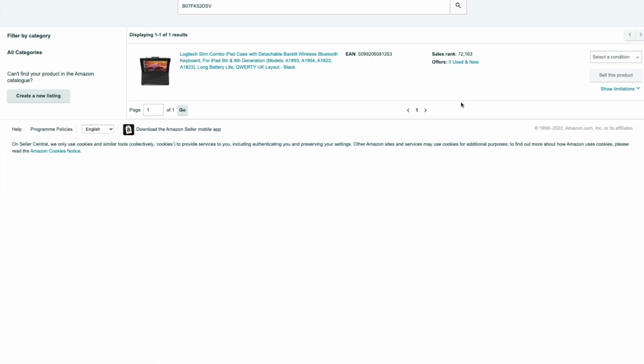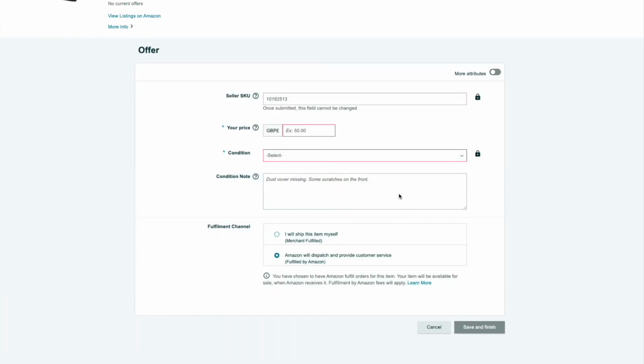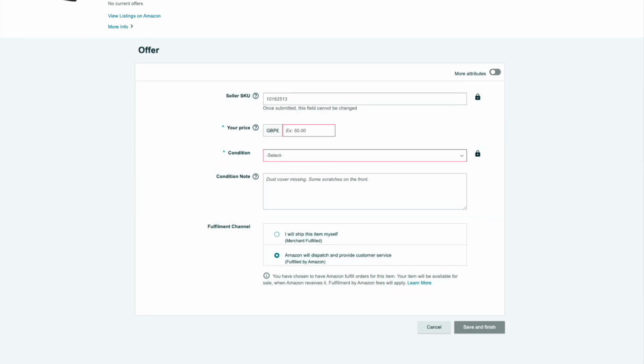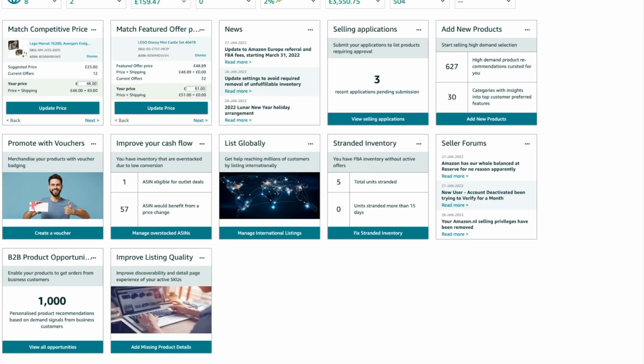Let's see what that comes up with. Okay, so this Logitech, let's say, select condition, new, sell this product, and then all you've got to do is fill in the information here: your price. The condition is going to be new. If it's like new, you could add pictures, and here it tells you if you want to have it as merchant fulfilled or fulfilled by Amazon. I have the second one. I've just not got the time of day to post everything by myself, and it's more cost effective.